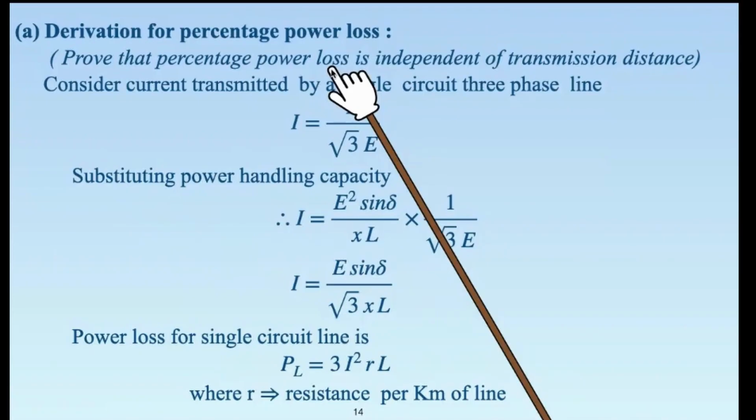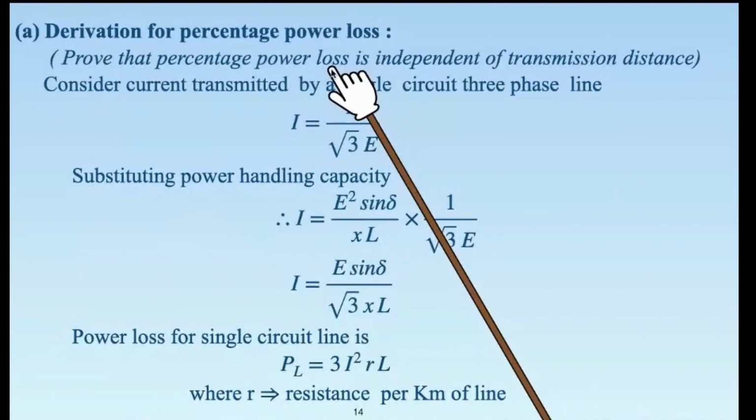The most common transmission line loss is in terms of I square R, that is a loss in the copper conductors. I square R loss, that is a copper loss. Apart from the copper loss, there is another loss that we are going to study in the second chapter later, that is corona power loss.